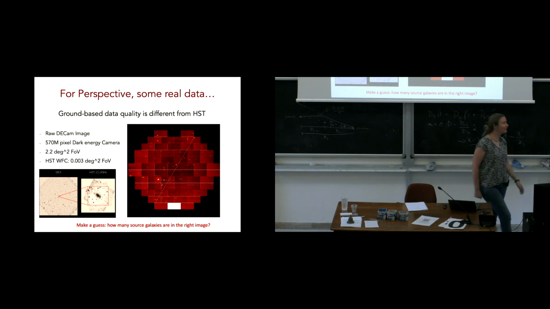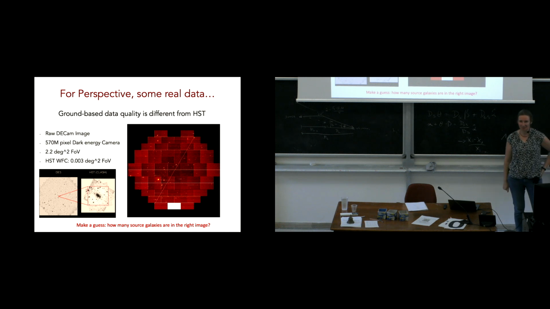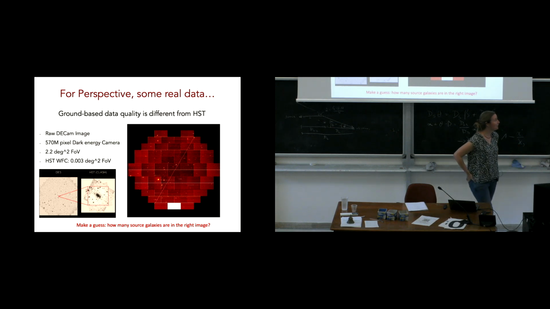At the moment, when we do this at scale, we use ground-based data. And that is still quite a step down compared to HST quality. So here is a typical image from the Dark Energy Survey, covering of order 2.2 square degrees.